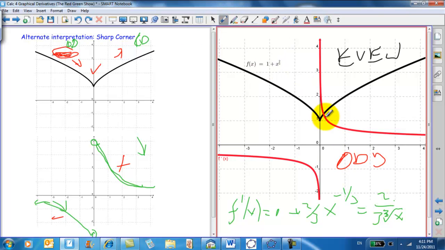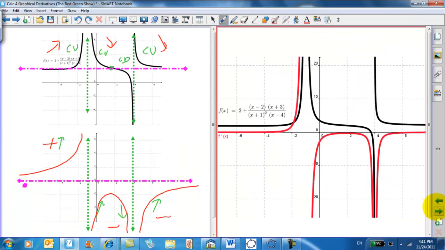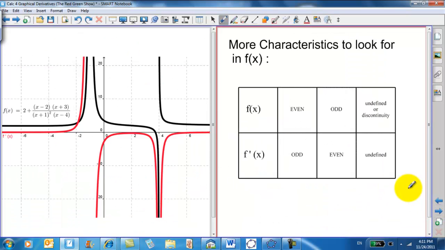If you see that y-axis symmetry on the original function, then the derivative will have odd symmetry, and vice versa as well. So that's why I add those to the little chart at the end here. If f is even, then the derivative is odd. If the original function is odd, the derivative is even. If the original function is undefined or it has a discontinuity, then you can't have a derivative. The derivative is also going to be undefined.